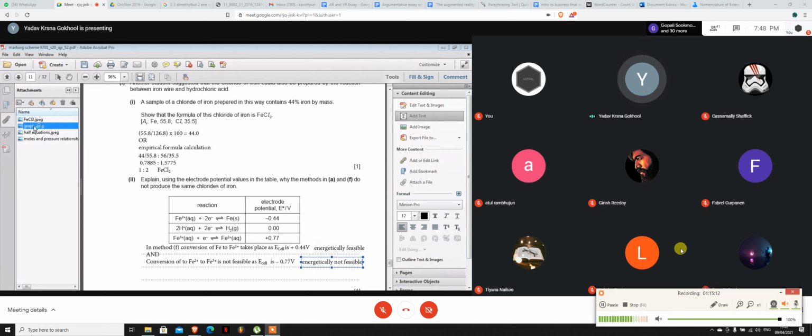Just have one thing to check over here. So this is the gradient. It is a bit blurred, but this is what the student has used for the coordinates for the gradient. You can see, I hope, this is the first and this is the last.